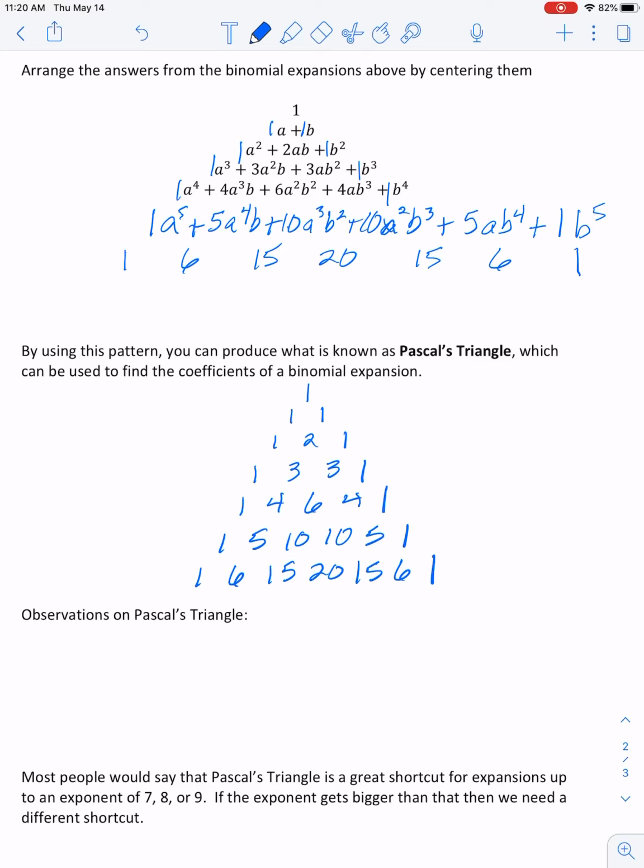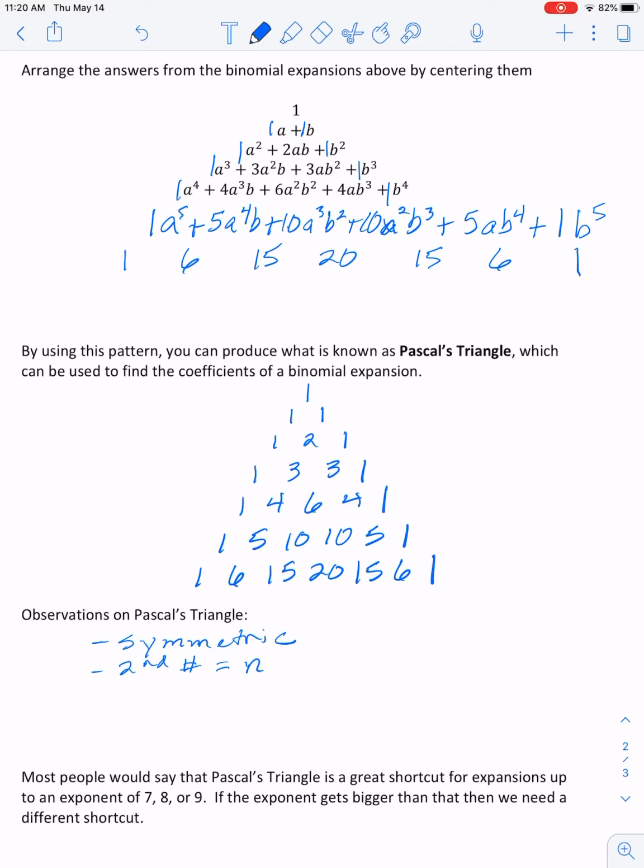But some of the observations you should be able to make is that Pascal's triangle is symmetric. In other words, the numbers, as they go up, come back down the same way. The second number equals the n, whatever you're raising the binomial to.